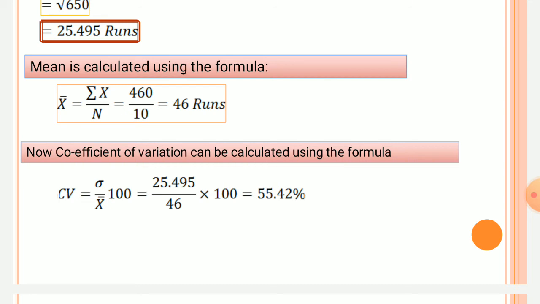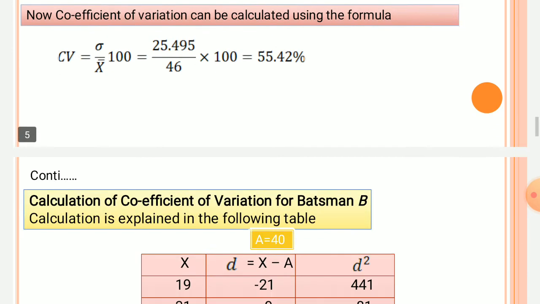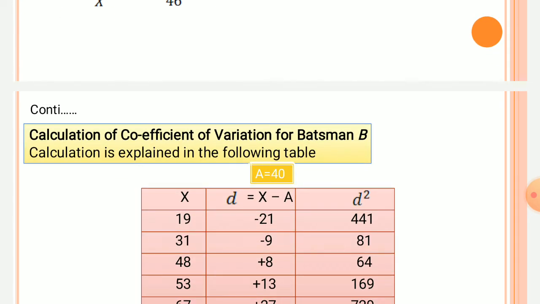Therefore the coefficient of variation can be calculated using the formula CV is equal to sigma by mean into 100. Standard deviation 25.495 divided by arithmetic mean 46 into 100 is equal to 55.42%. This is the value of coefficient of variation for batsman A.